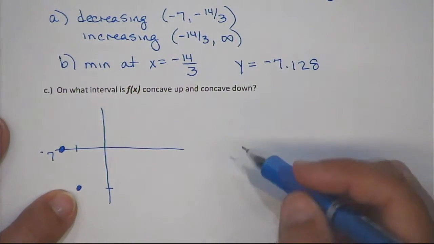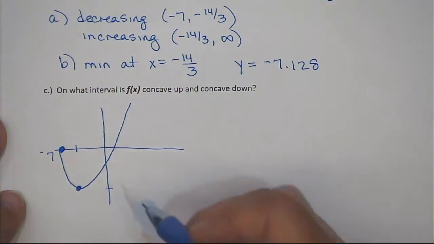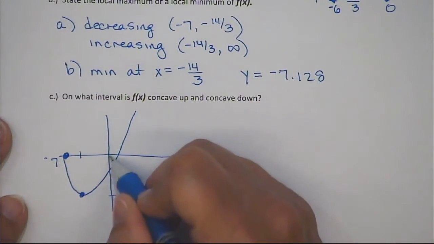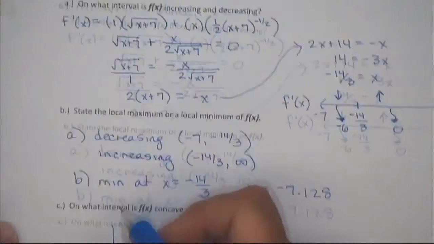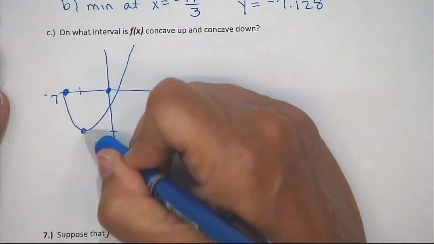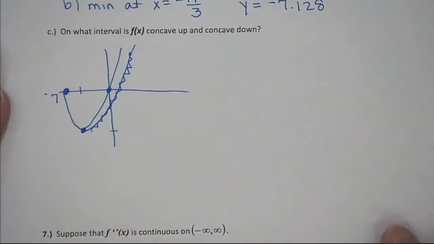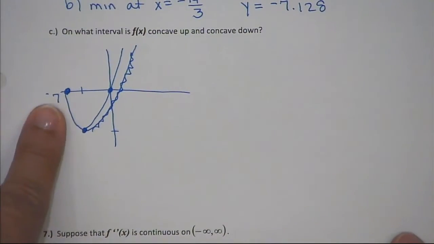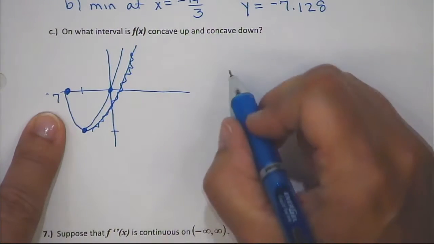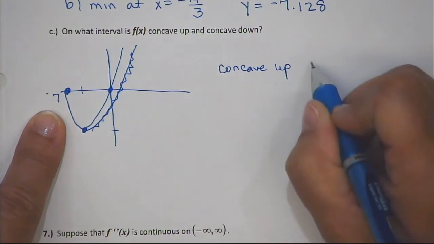And then the thing is always concave up, so it goes like this. Oh, actually, it goes through 0, 0, I think. Yes, it does. So if I put 0 in there, yeah, I did that right. It goes like that. So this thing is always concave up, but when you write the interval for where it's concave up, it would be from just negative 7 to infinity. So you can plug that in.